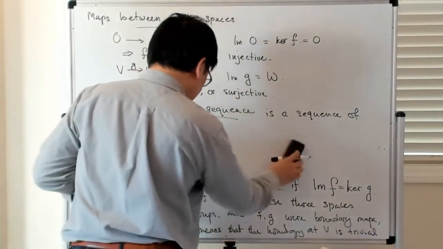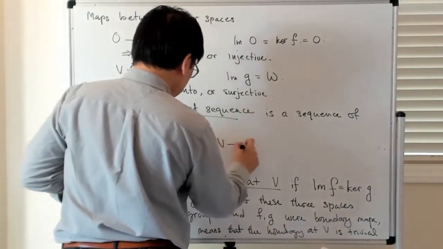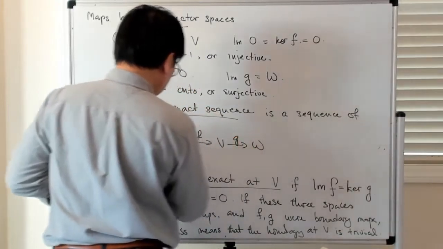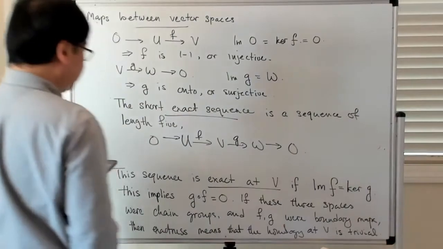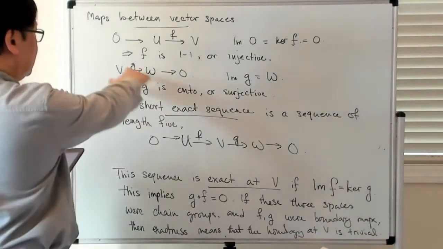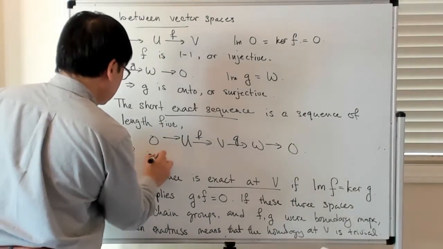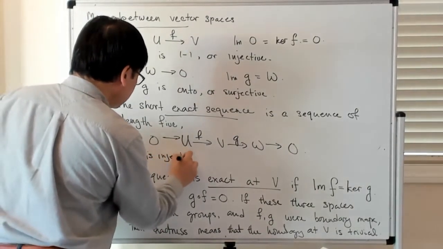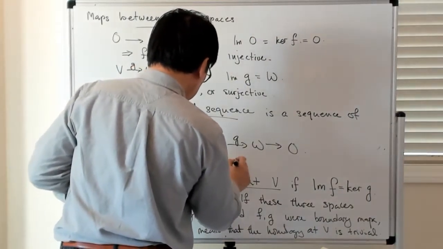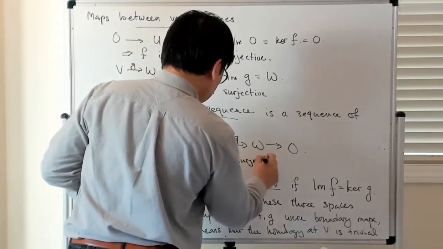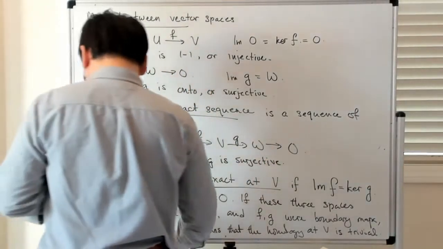It's just U, V, W, with F and G, but then there are a bunch of zeros here. So as the discussion above tells you, F is injective, and G is surjective.